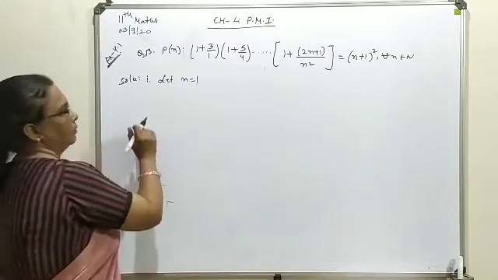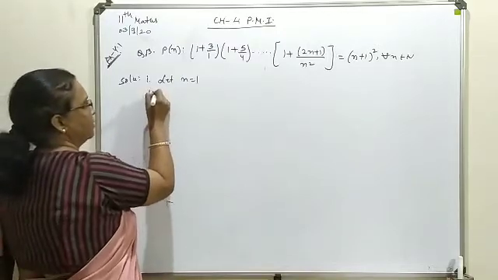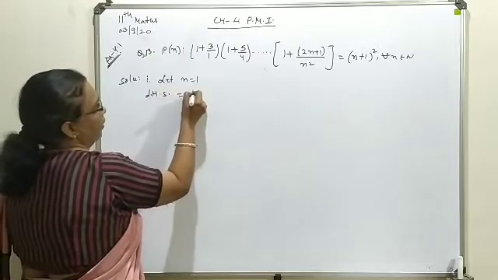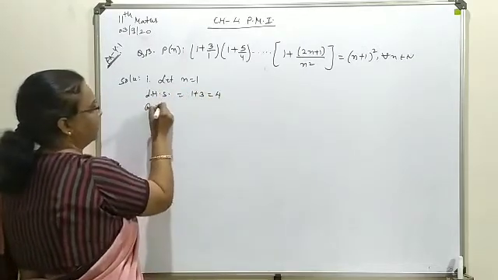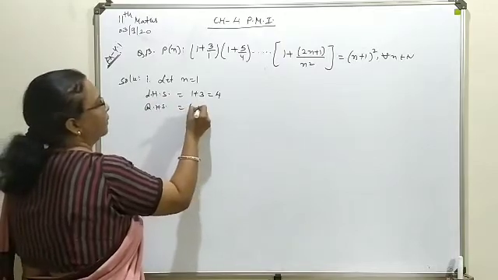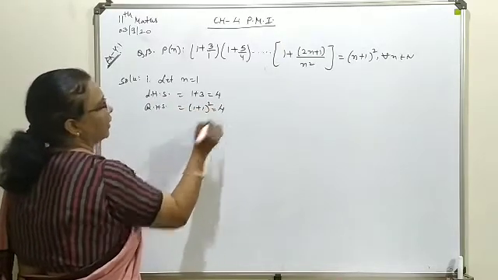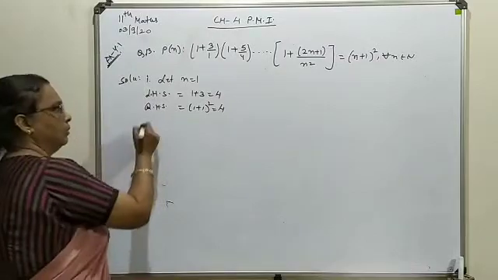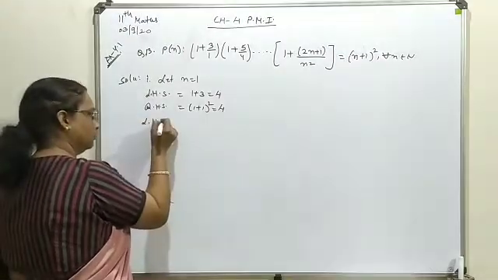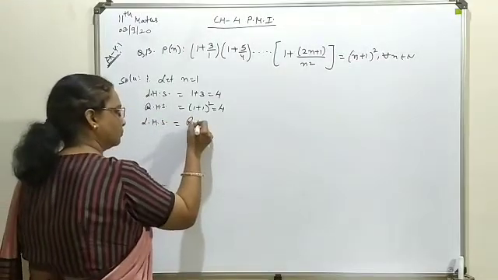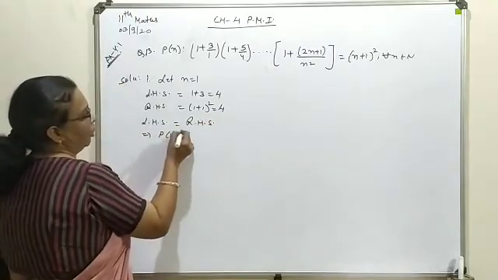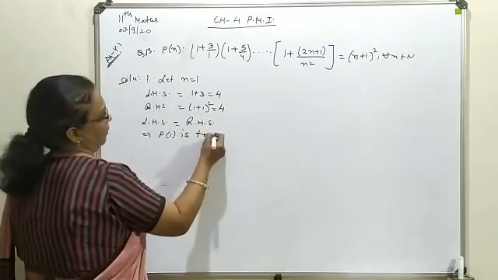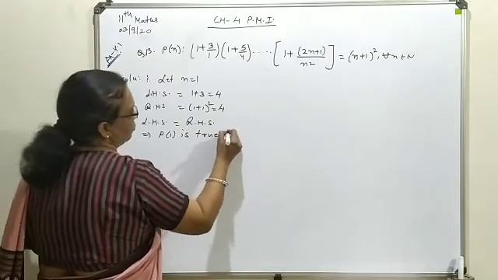Left hand side: 1 plus 3 means 4. Right hand side: (1 plus 1) whole square, that means again 4. So in normal form P(1) is a true statement.